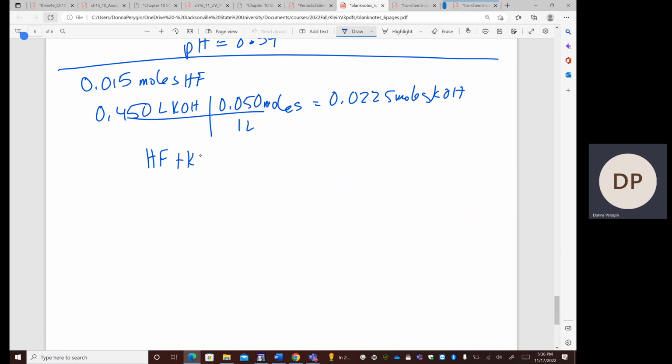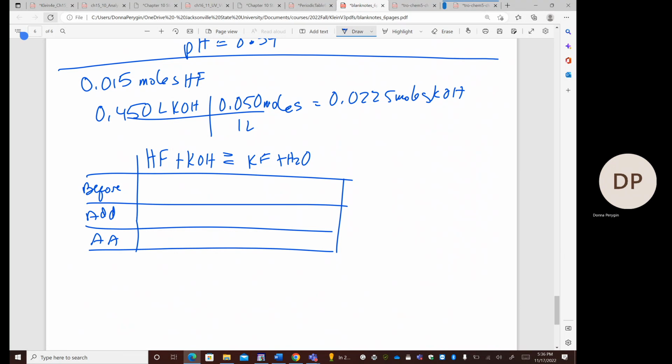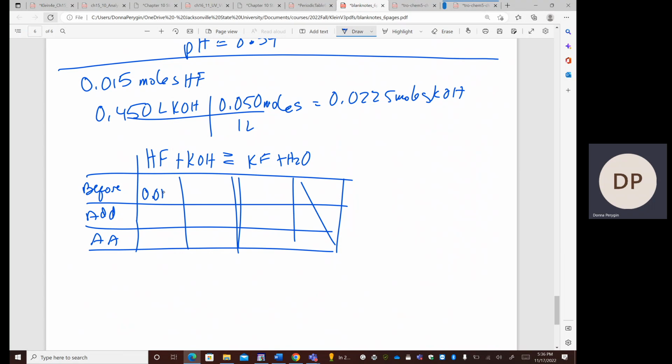HF plus KOH reacts to give KF plus H2O, okay? So before addition, and after addition. Water's a liquid, so we don't care about it. We're starting with 0.015 moles of HF. We're losing all of that because we're going to be adding 0.0225 moles of KOH.